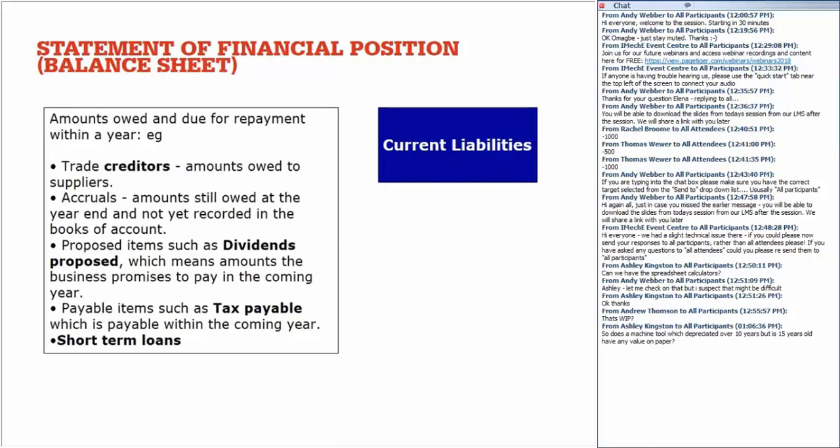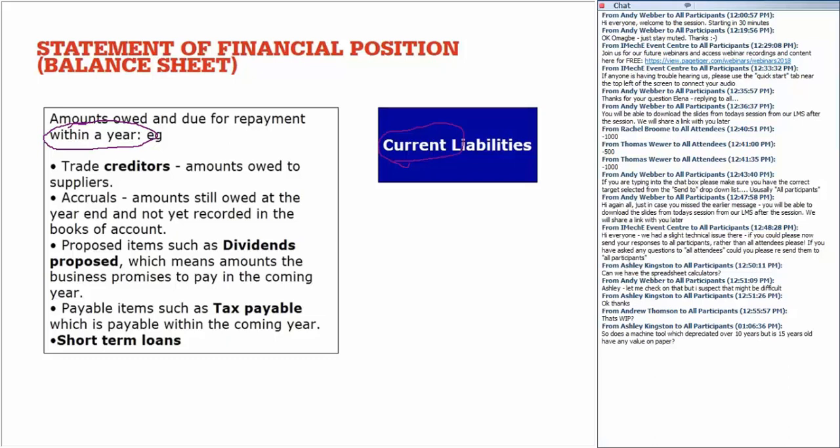And again, the focus is on within a year. So when you see this word current, it means within a year. So this is money that you owe to your suppliers, accruals, which is money owed at the year end but not yet recorded in the books of accounts. In other words, you haven't received a bill from somebody, but you've obviously had the value, so we need to take that into account.